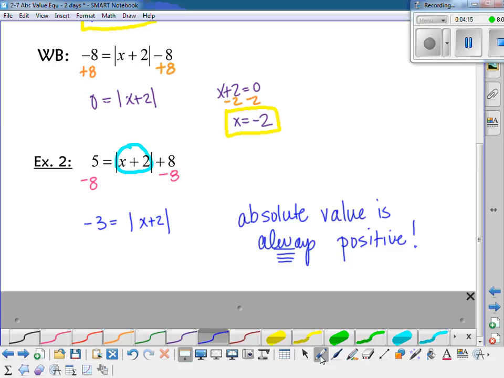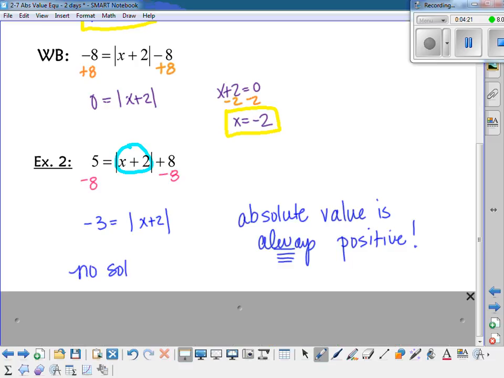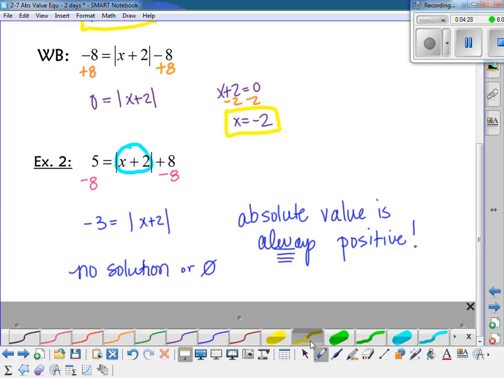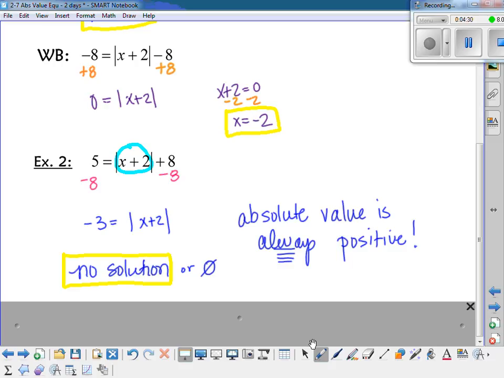No, that's impossible. So that means that there is no solution. Or of course, you can write it with the null set, the empty set, a 0 with a slash through it.